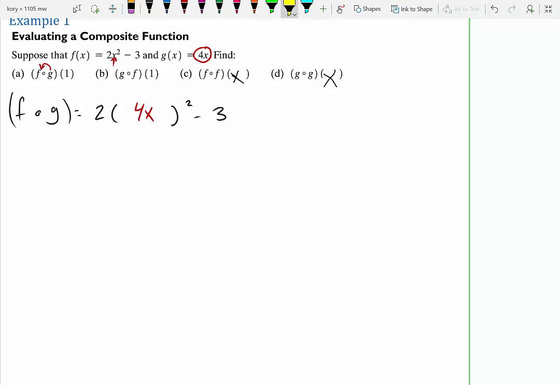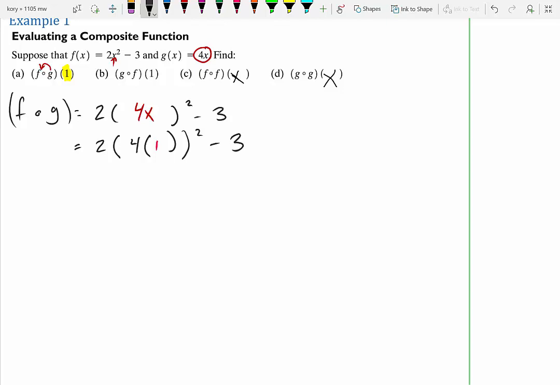So you see how we have this 1 here? What do you think we're going to do with the 1? Plug it in. Yep. So we have 2 times 4x, which is 1, squared, minus 3.